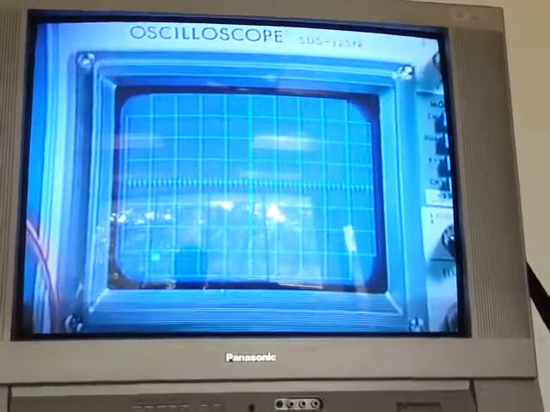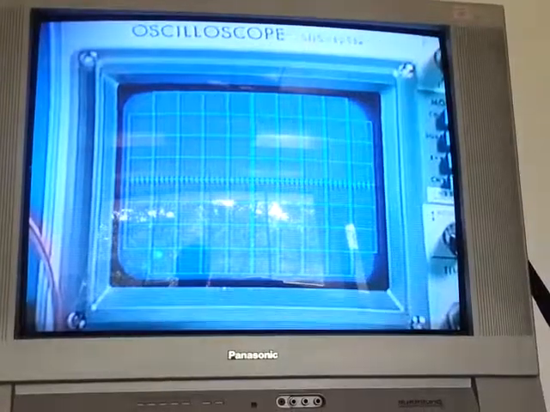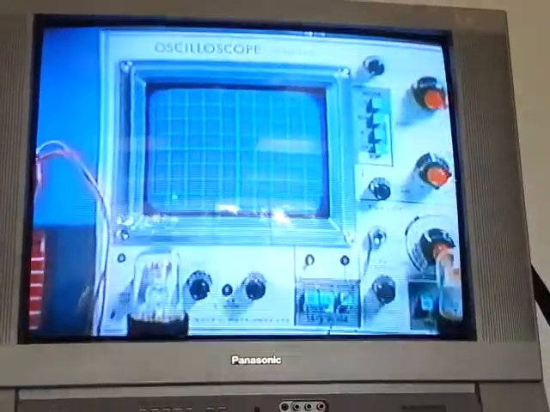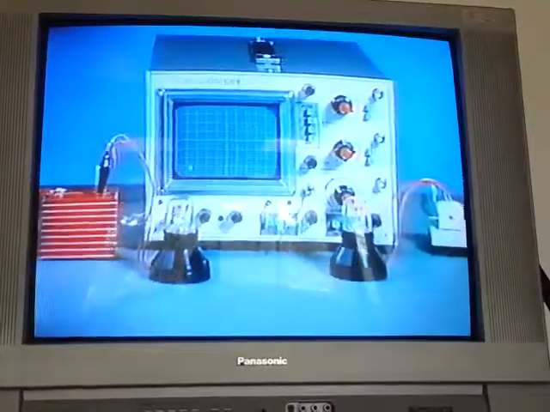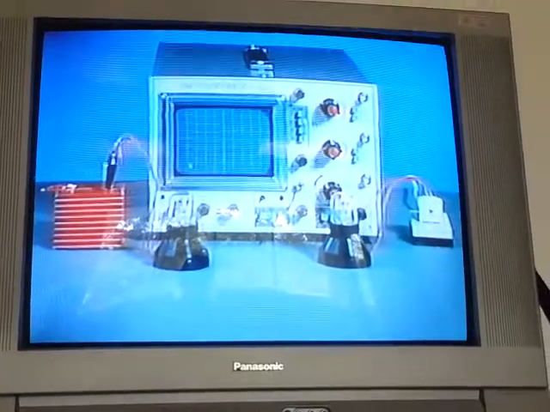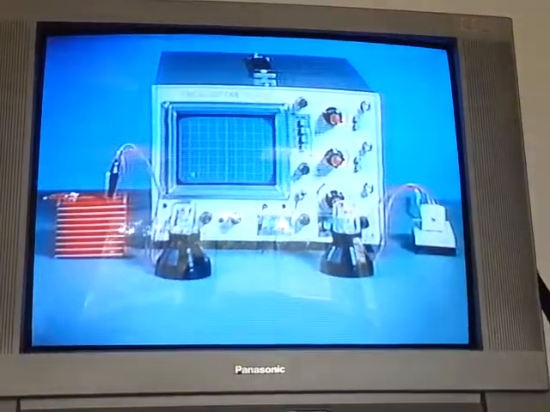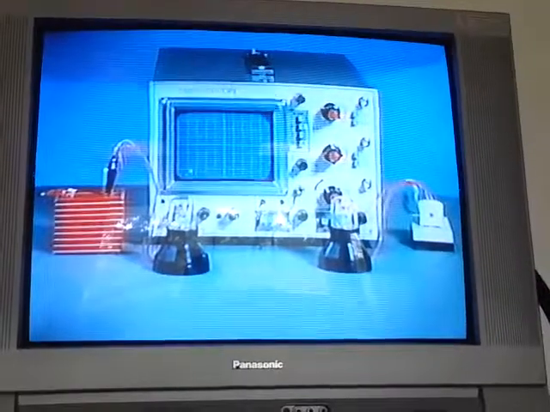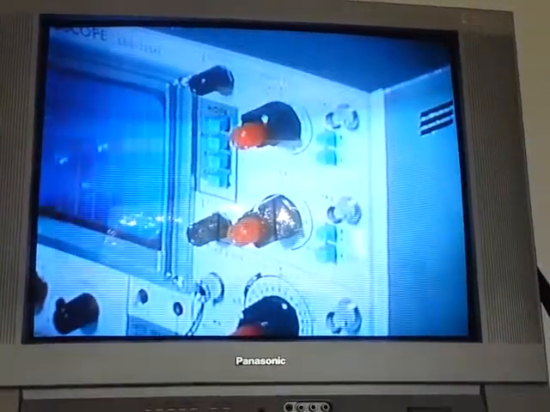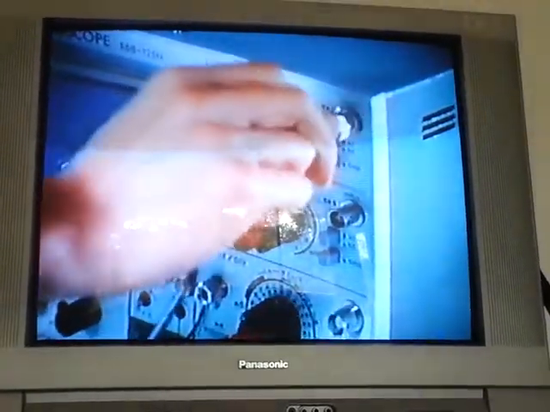This is an oscilloscope. We'll make studies on the respective wave patterns affected by the direct and alternating currents using this oscilloscope. First, we connect it to the direct current source.